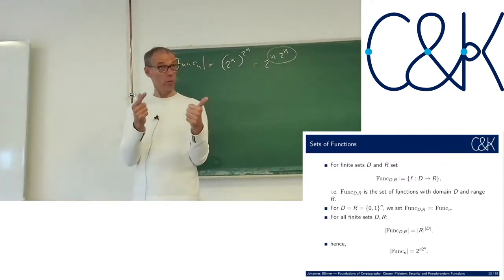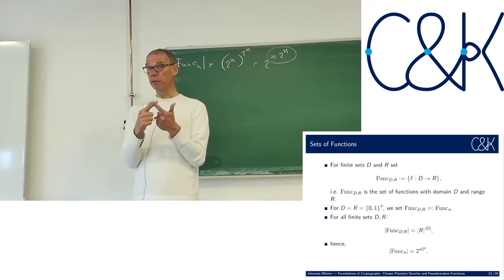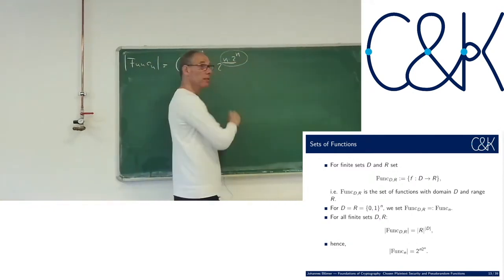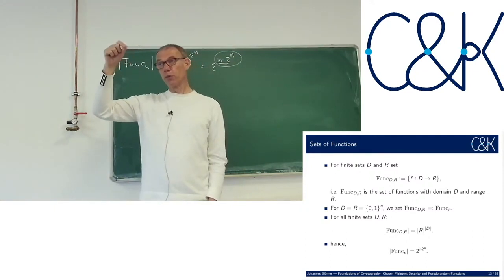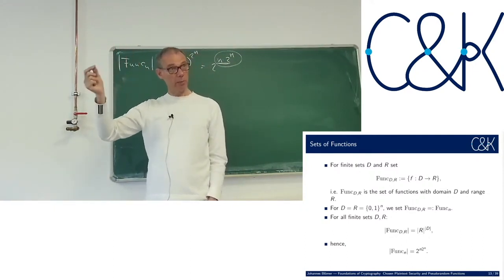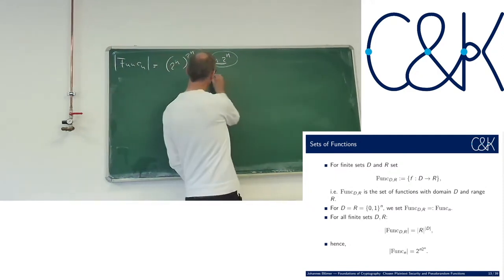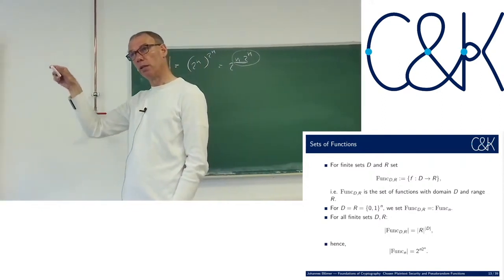Because it's a {0,1}^n bit string. Second image, n bits. Third image, n bits. Fourth image, n bits. So to specify a function, you need that many bits for each of the 2^n elements, n bits to specify its image. Since you can combine that in any way, and we are talking about bits, 2^n times 2^n. Okay?